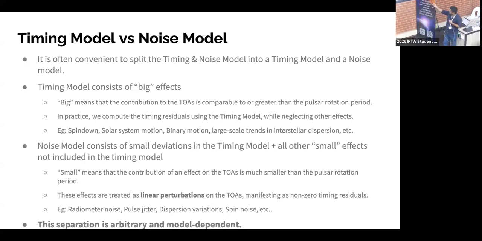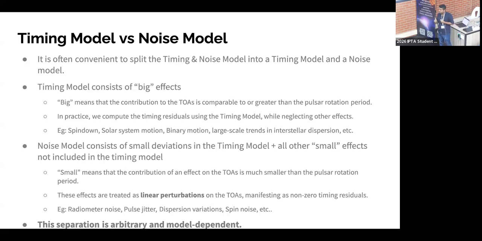The examples for these small effects are radiometer noise, pulse jitter, dispersion variations, which are variations on top of these large scale trends, spin noise, etc. Spin noise is basically small deviations in the pulsar frequency on top of the big spin down effect.